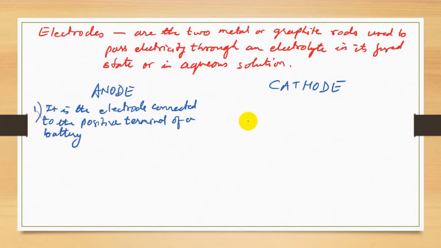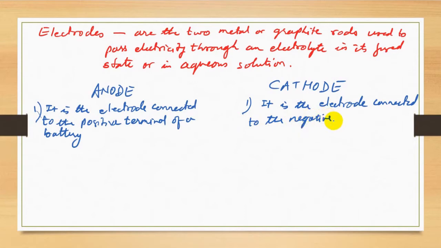Is your first point. So here what will I write? The same thing. Cathode is the electrode connected to the negative terminal of a battery. Clear?